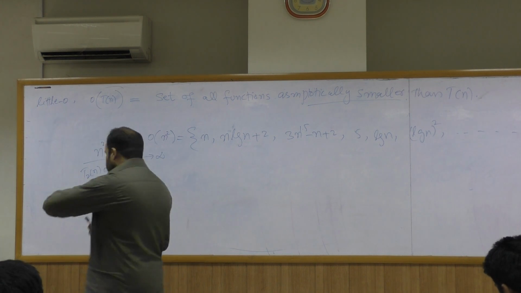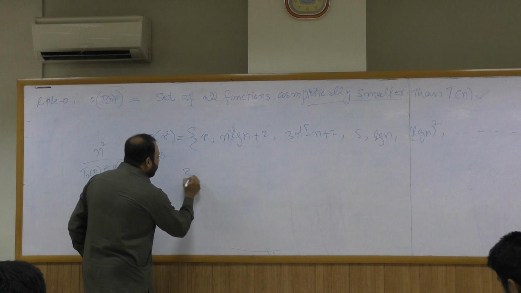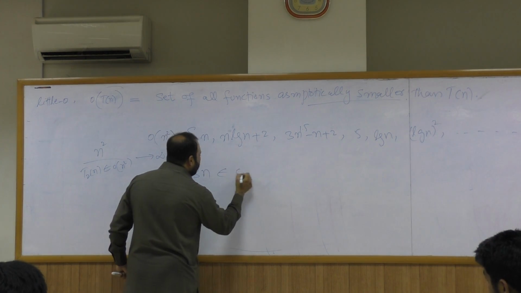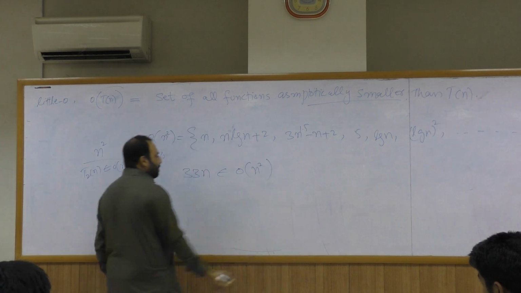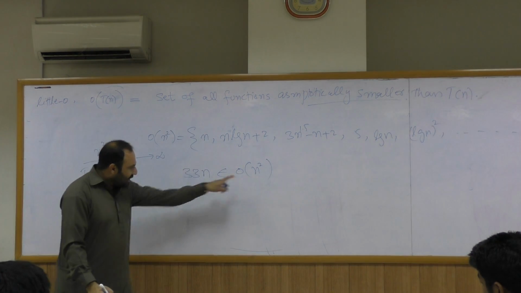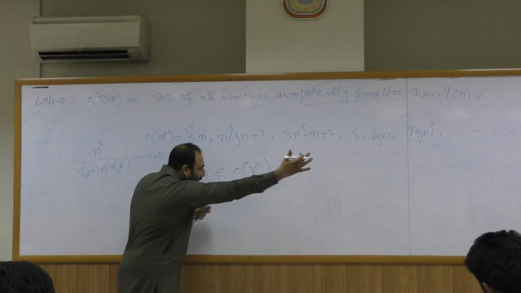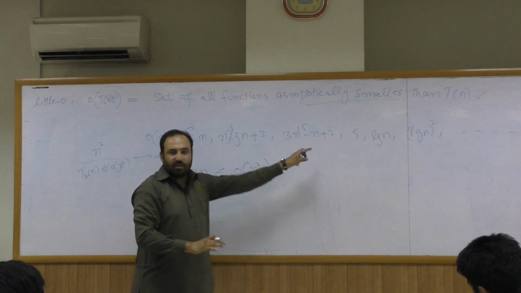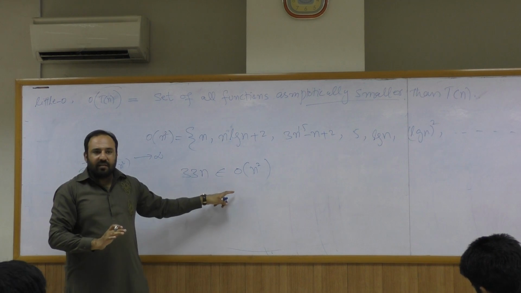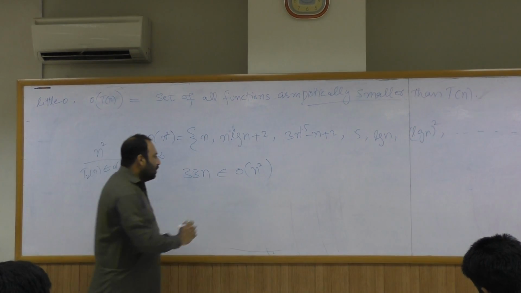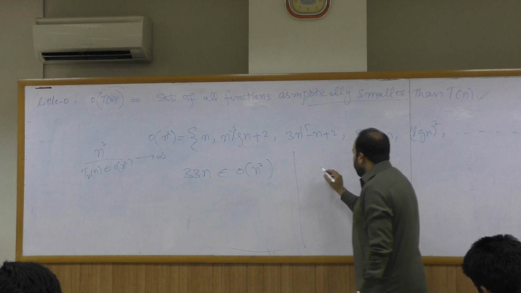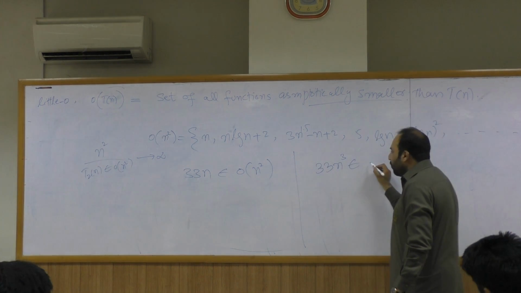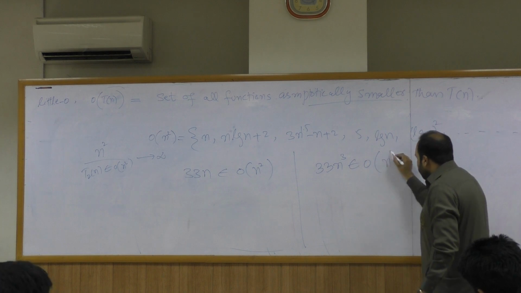Okay, true, false, very quickly. 33n belongs to little o of n squared. True, false? True. This thing is in this set. If I extend the set, this thing is one of the functions in it, because I have collected all possible functions. Yes, true, false? True. Okay. True, false. 33 n raised to the power 3 belongs to this? एक मिनट.